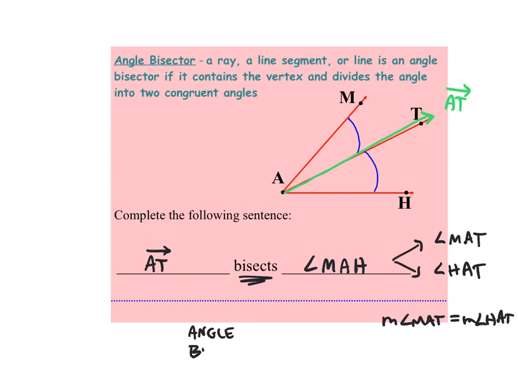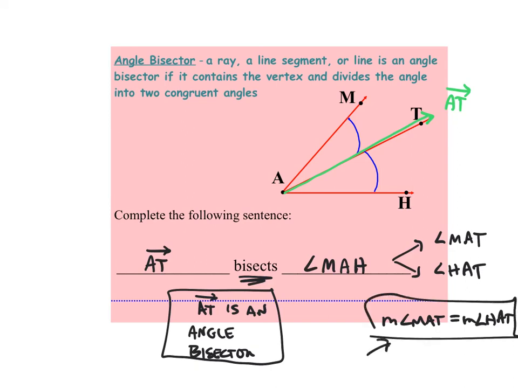Okay, so ray AT is an angle bisector, and it's because it attains this property right here. It makes the measurement of the two new angles equal to each other. Another way we could write that is angle MAT is congruent, because these are objects now, to angle HAT.